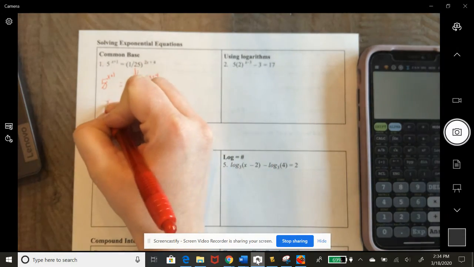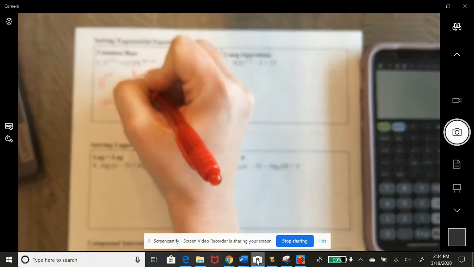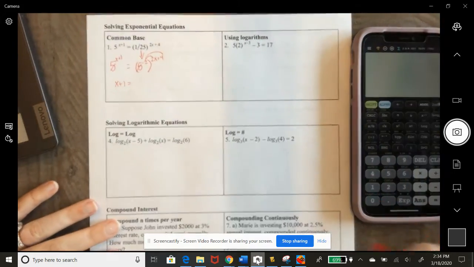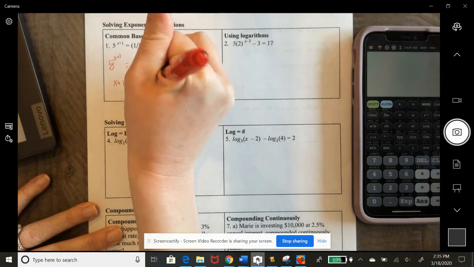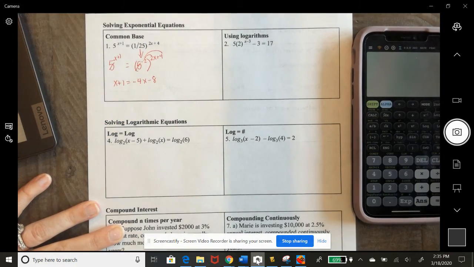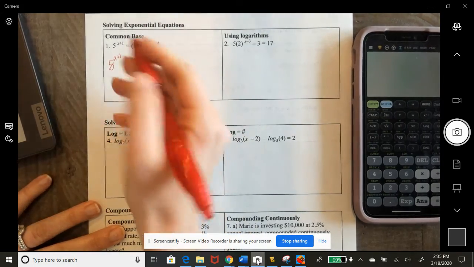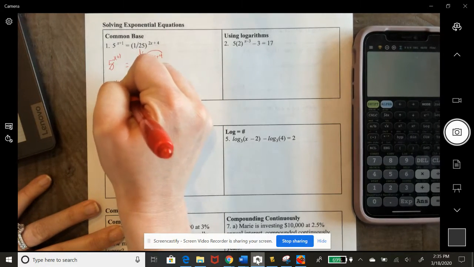So we get x plus 1 equals, multiply that out. Oh, sorry. And that gives me negative 4x minus 8. Then we just solve for x. Add 4x, that gives me 5x.